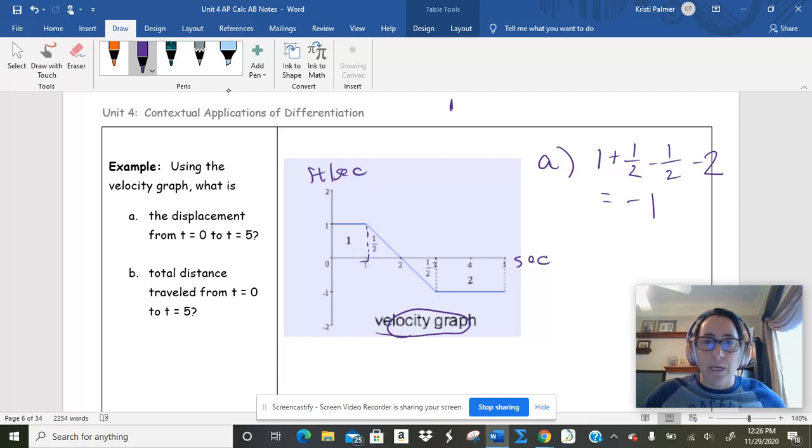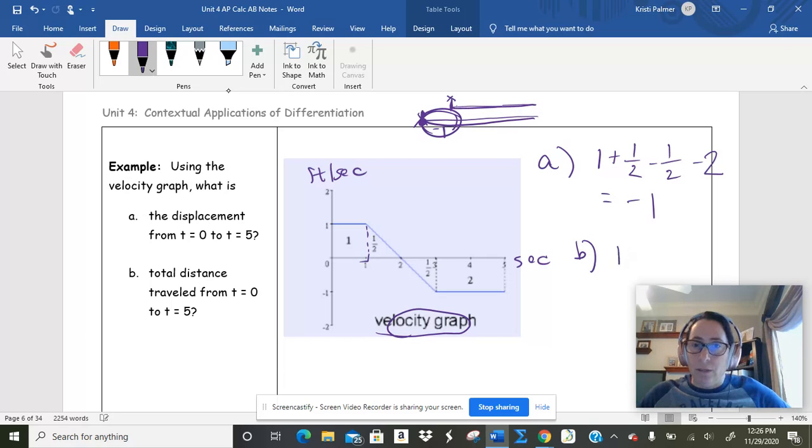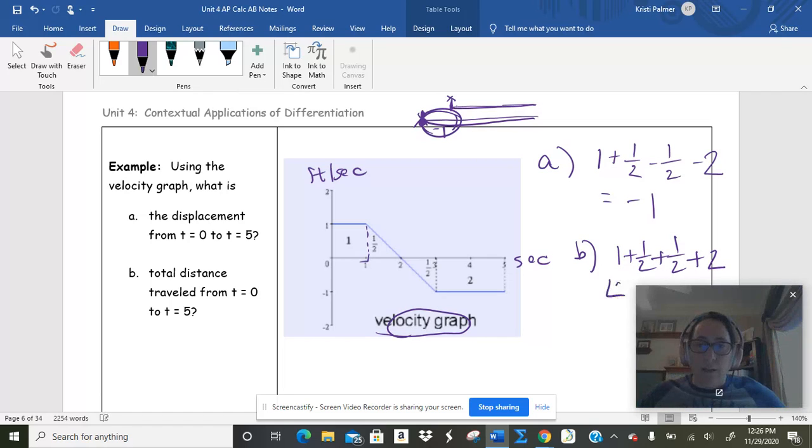If this is where I started, and then I went forward some, and then I went back some, my displacement would be -1 from where I started to where I ended. That's that piece. But now the total distance is saying, whether you move forward or backwards, how much did you travel total? So I'm going to add the positives and the negatives together, and I get 4.